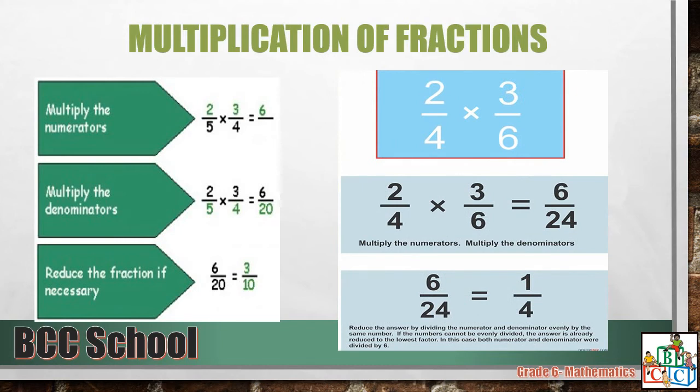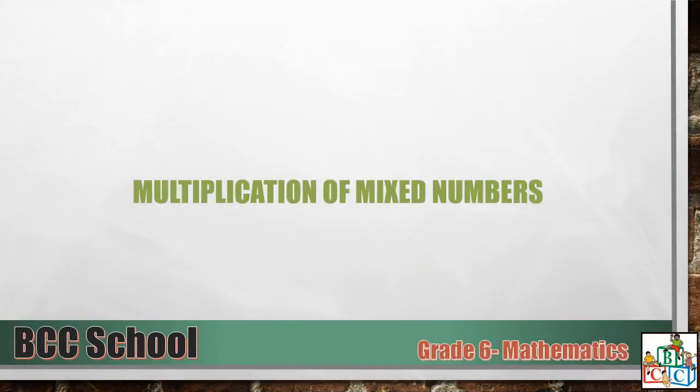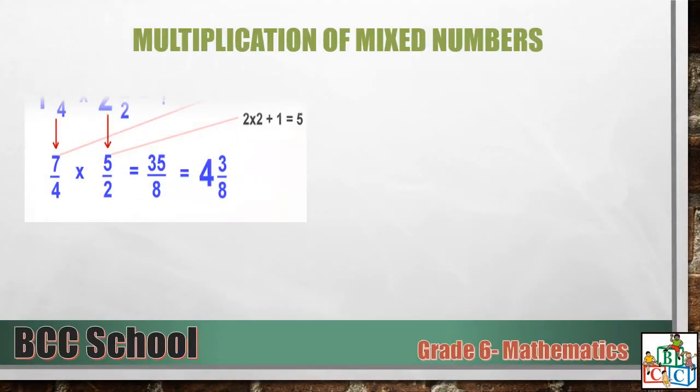The second example, 2/4 multiplied by 3/6. The same as the first example where you will have to multiply and reduce your answer. Let us take this example. 1/3 times 2.5.